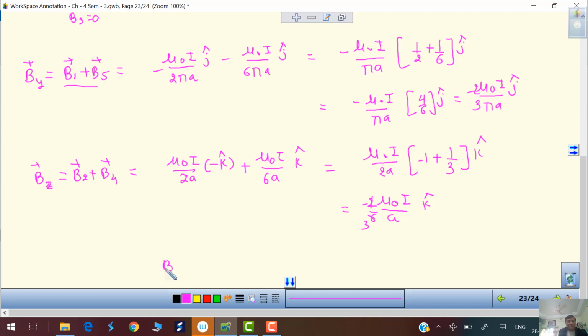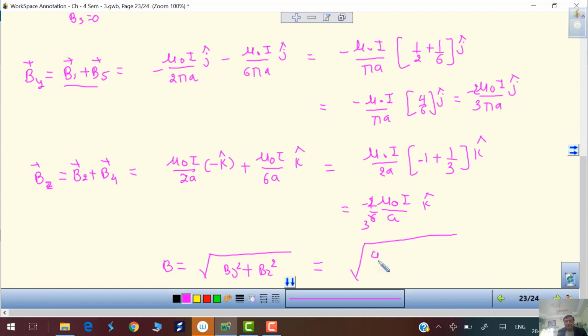So now the resultant is root of By square plus Bz square. So now you can simplify. By square means this is whole square.